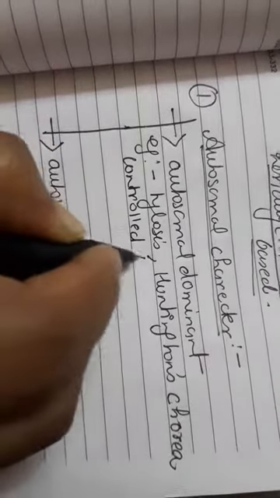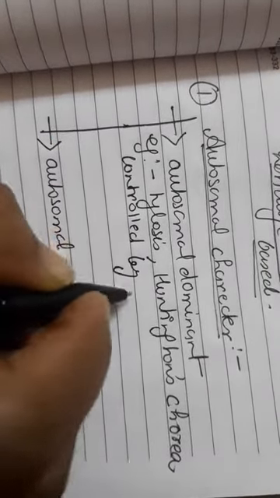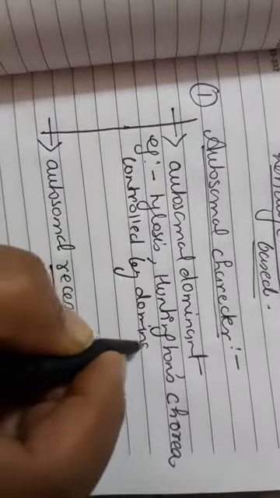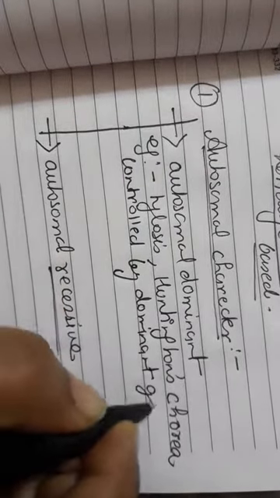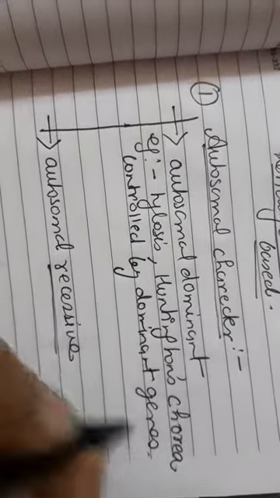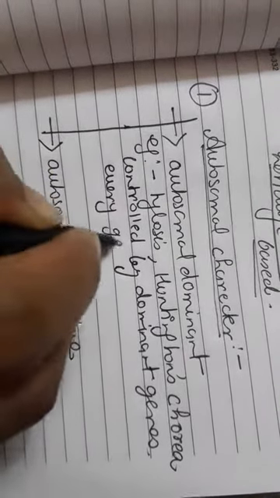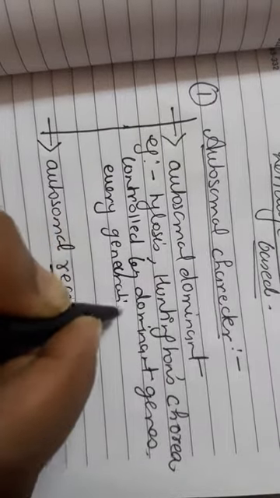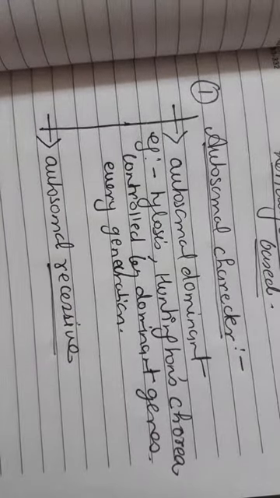For example, these are controlled by the dominant genes, as I have told you. They appear in every generation. As they are the dominating ones, you can see them appearing continuously in each and every generation.